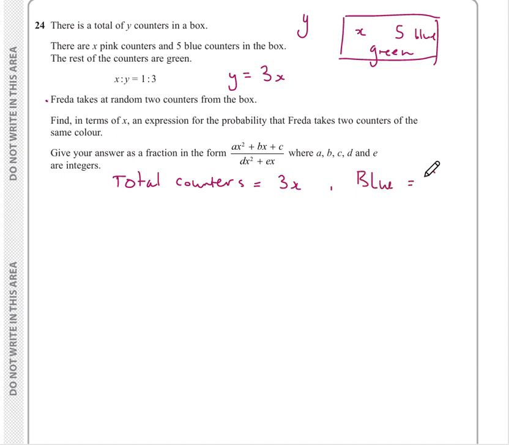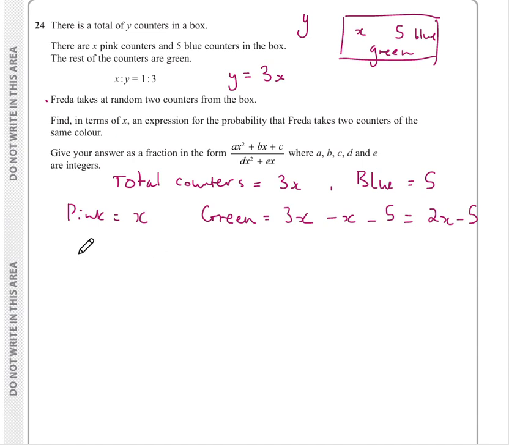We know that pink, we have x counters. For the green counters, we don't know, but we do know there's a total of 3x. If we take away the pink and the blue, that will leave us with how many green we have. So that's going to simplify to 2x minus 5.